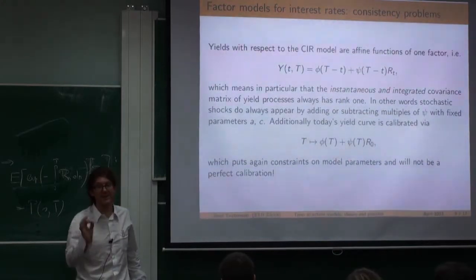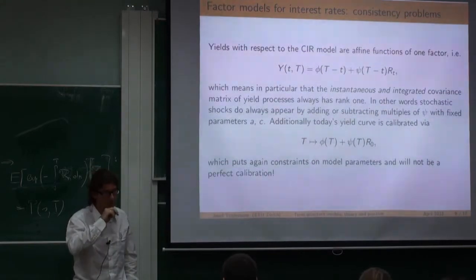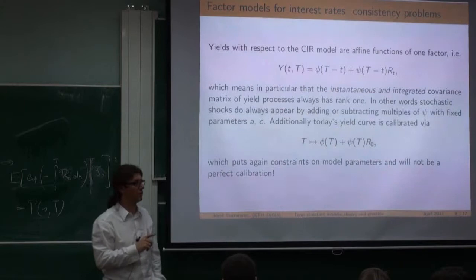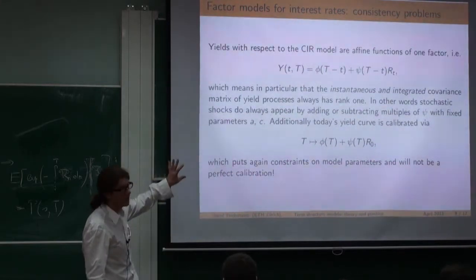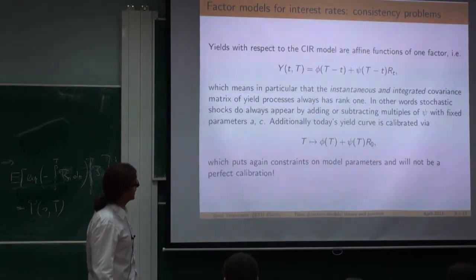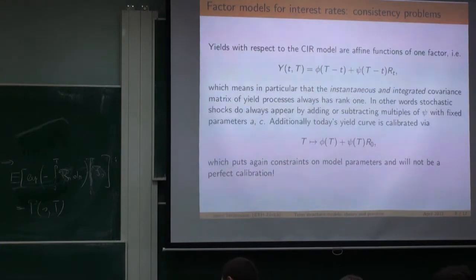So there the instantaneous covariance matrix of that stochastic process has rank 1, which is very low dimensional for an SPDE. We did not see an SPDE, but there's even an SPDE associated to that process, which maybe I show you later. So this means here we have something which we can calculate. This is why people like it a lot.